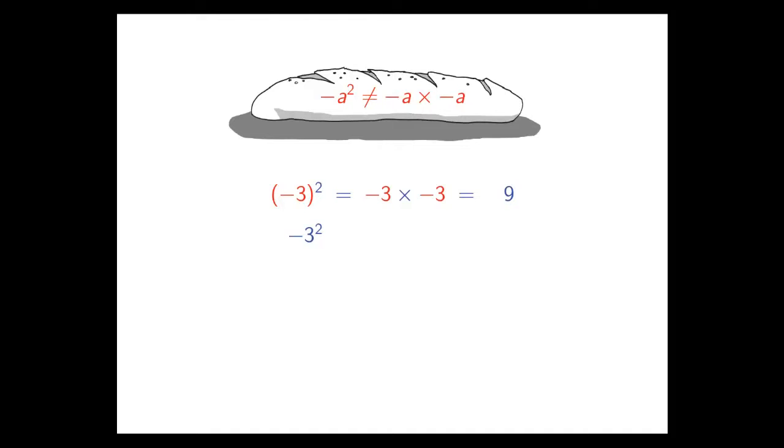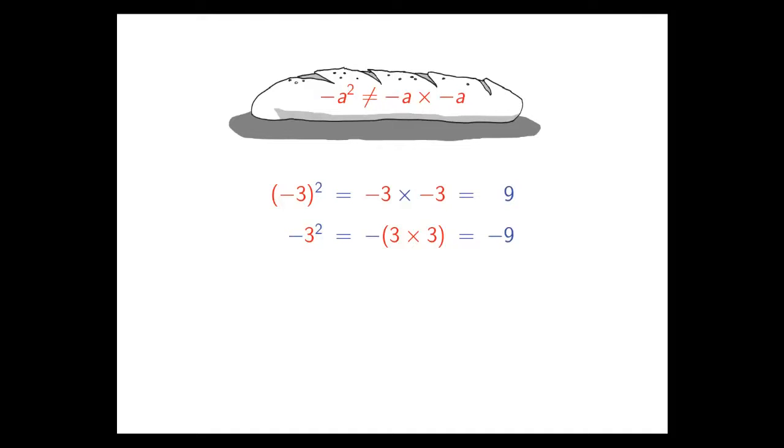But the correct way to read this is to note that it's only the 3 that's right next to the power of 2, and therefore that's the only part that gets squared. So we have a minus sign out the front of 3 multiplied by 3, which will of course produce negative 9.